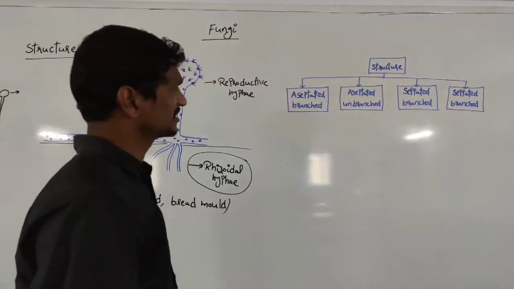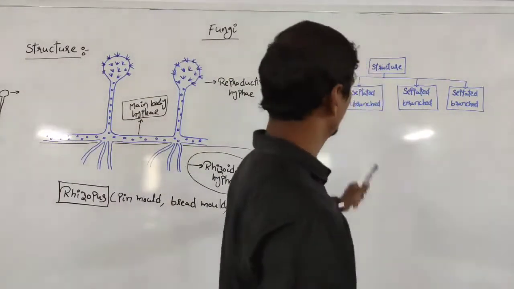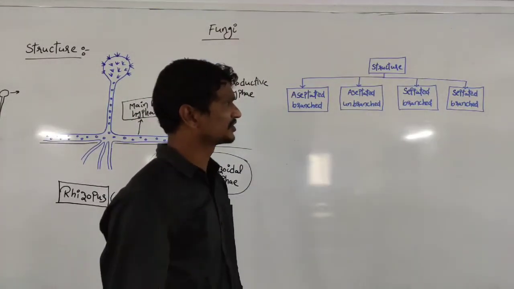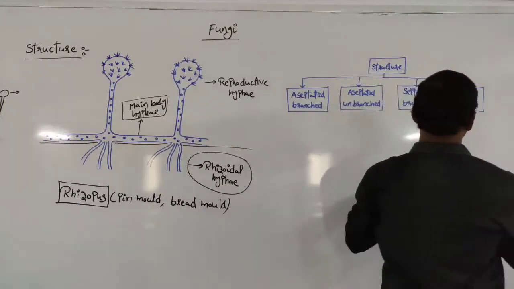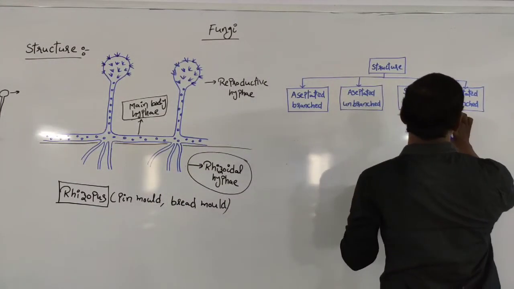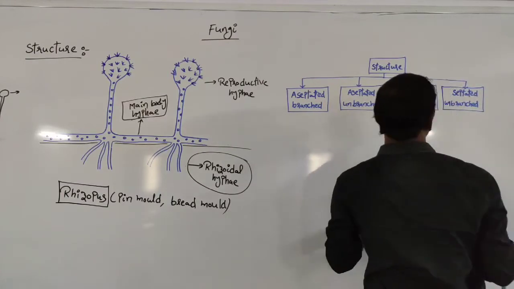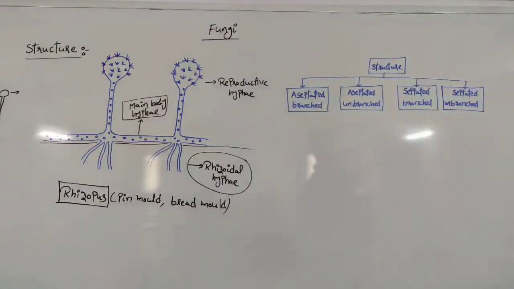We will discuss that structure. There is septated branched, aseptated branched, septated unbranched, and aseptated unbranched. We will now discuss these four types.